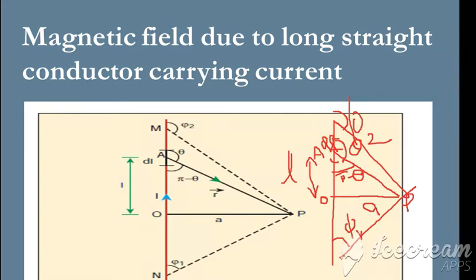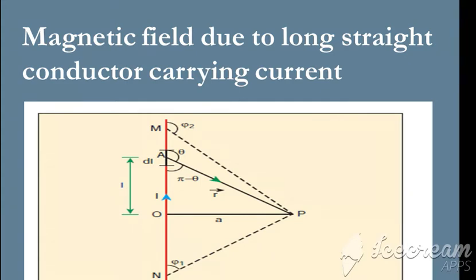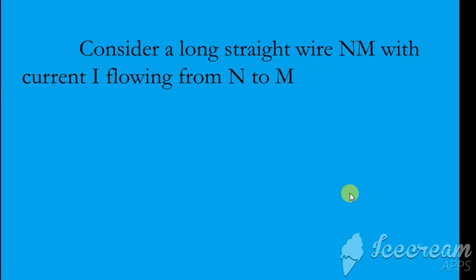So using this we are going to see how we are going to derive the magnetic field. As we know already, first we are going to take the Biot-Savart law. So this is the diagram which we have seen already.